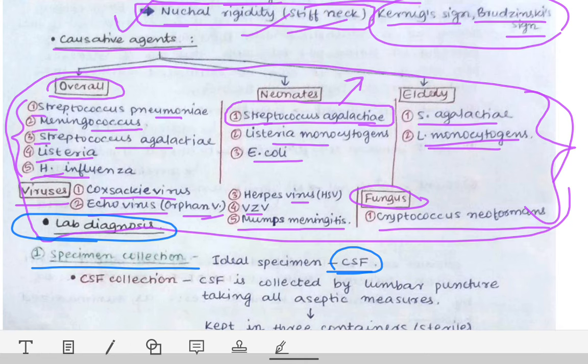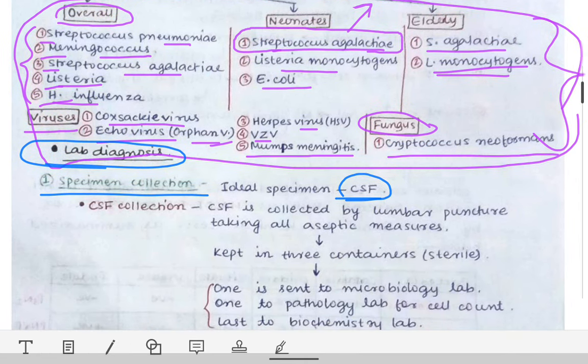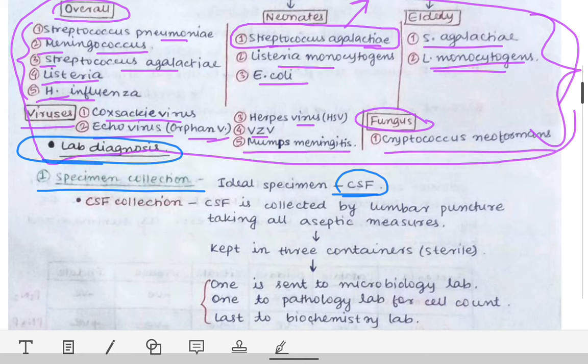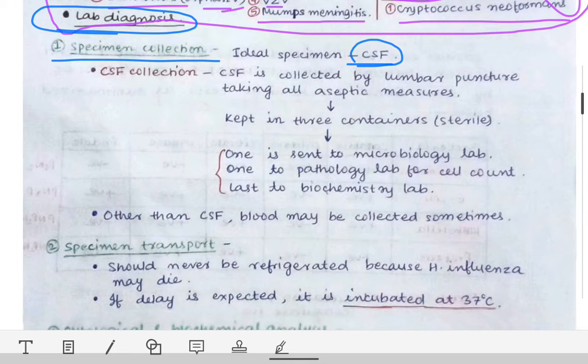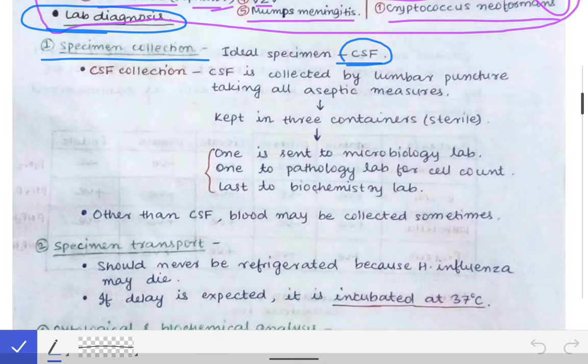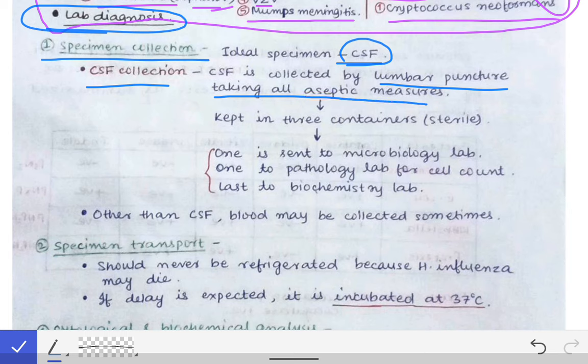Now the question is, how will we collect the CSF? So see here how we are going to collect the specimen. CSF is collected by lumbar puncture. We will first make the area aseptic.